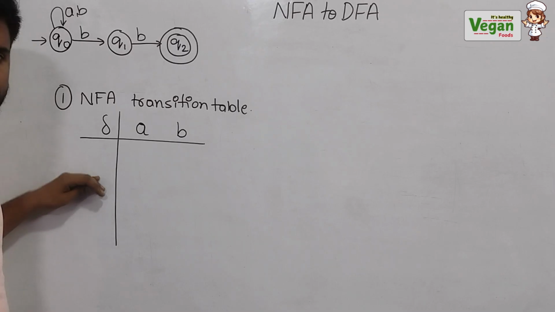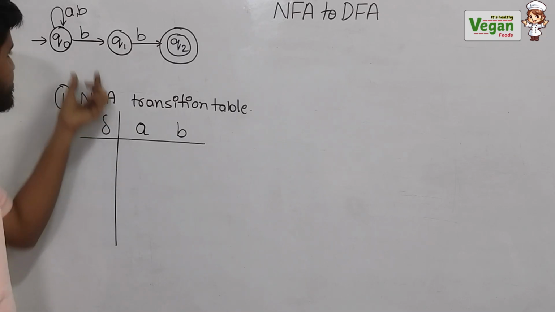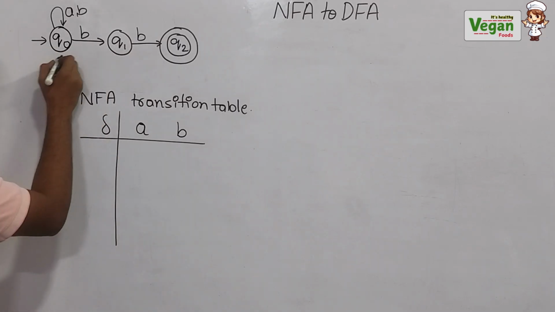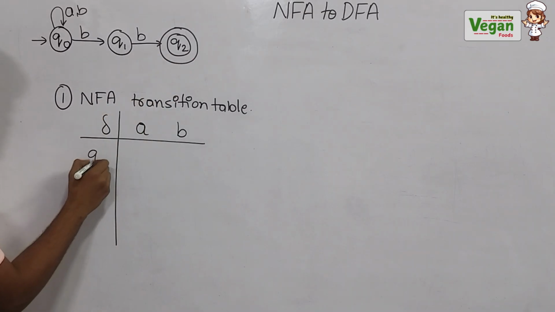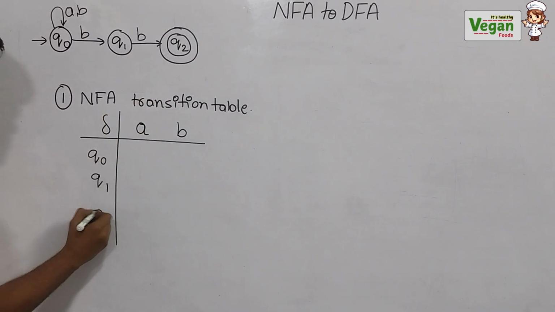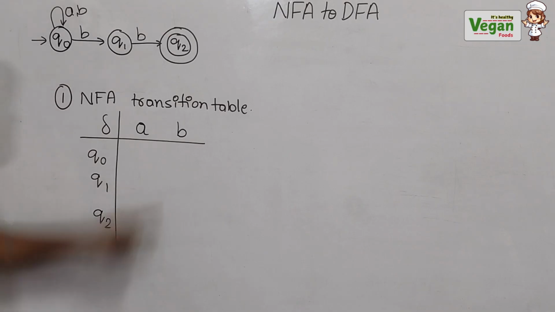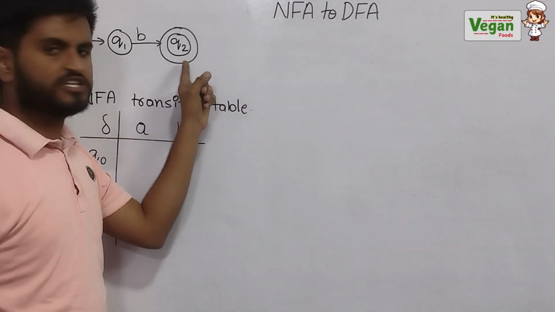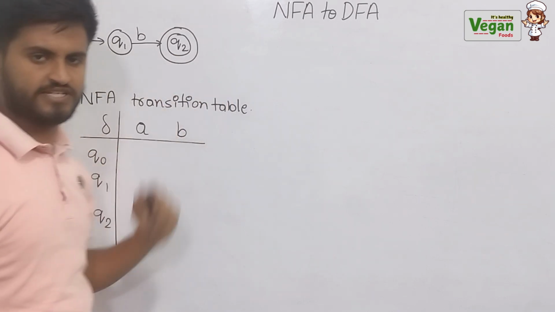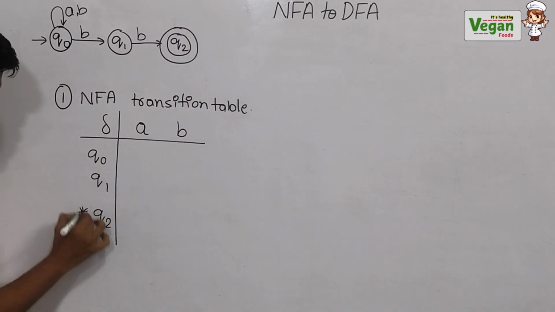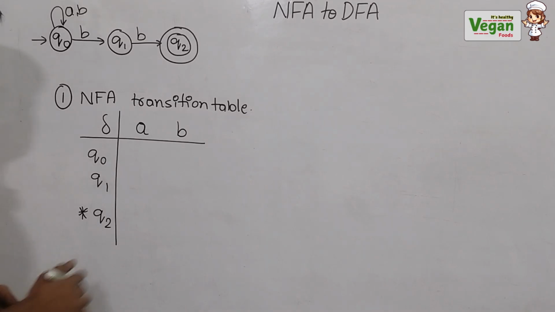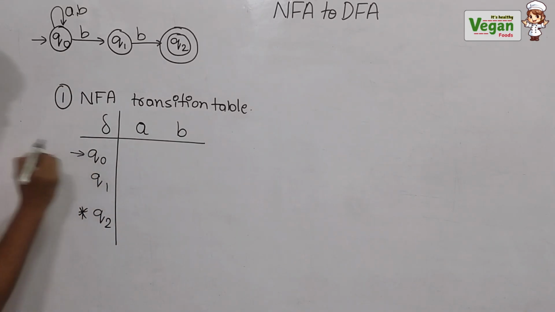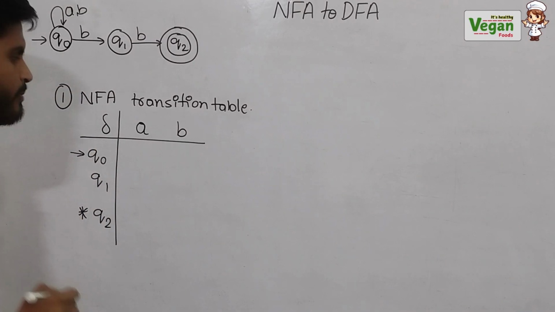Now on this side I must write the states which are in the NFA diagram. So Q0, Q1, Q2 are my 3 states. Now if you see, Q2 is enclosed in the 2 circles, so it specifies Q2 is the final state. So you must represent Q2 using a star. And Q0 is the initial state. Represent it using the arrow mark.